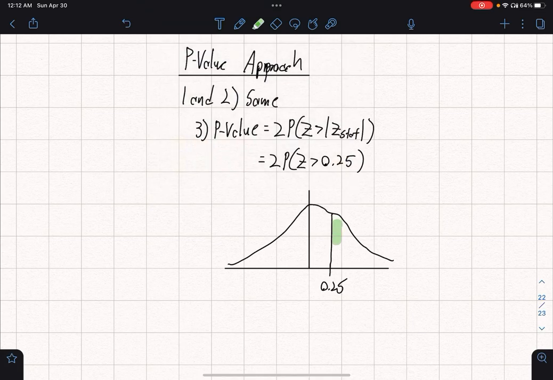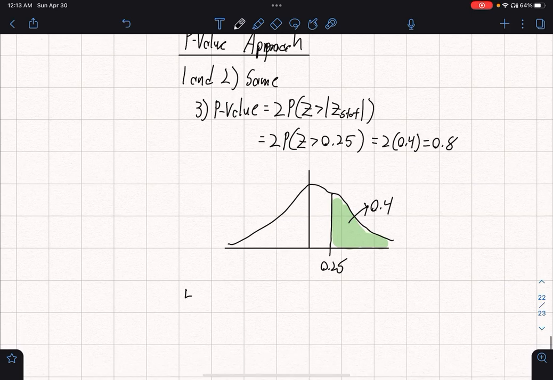So if we looked up this area in our table, we would find it to be 0.4. So therefore, this will be equal to 2 times 0.4 is 0.8.